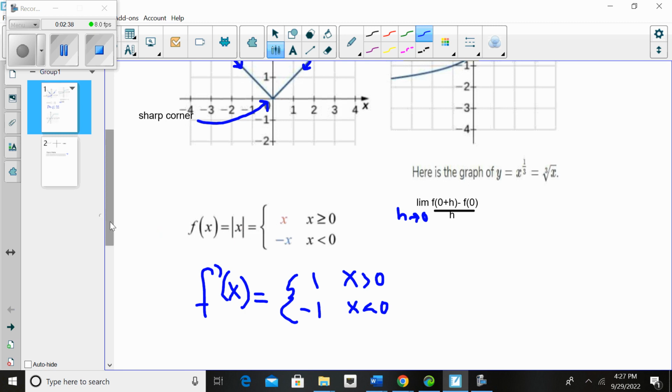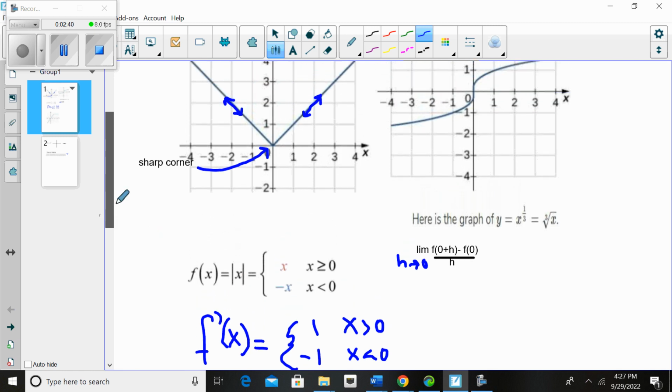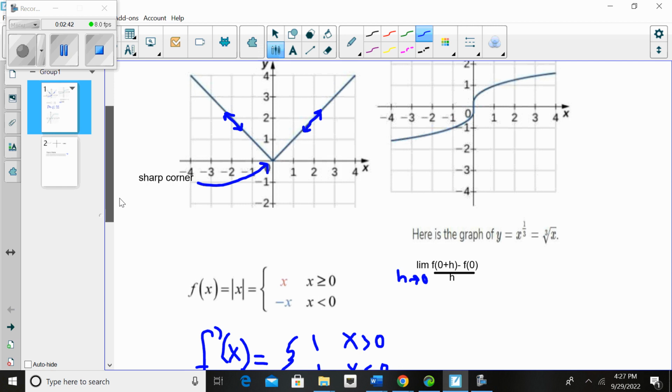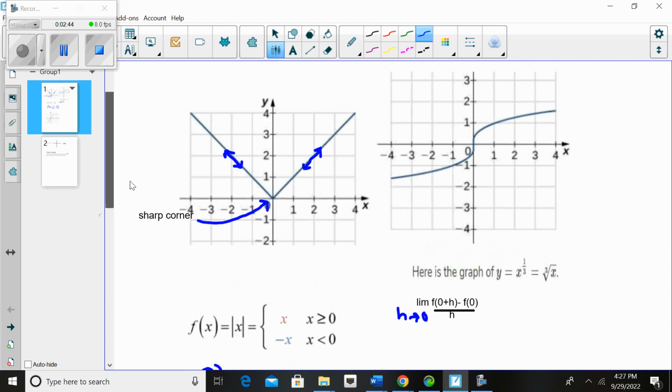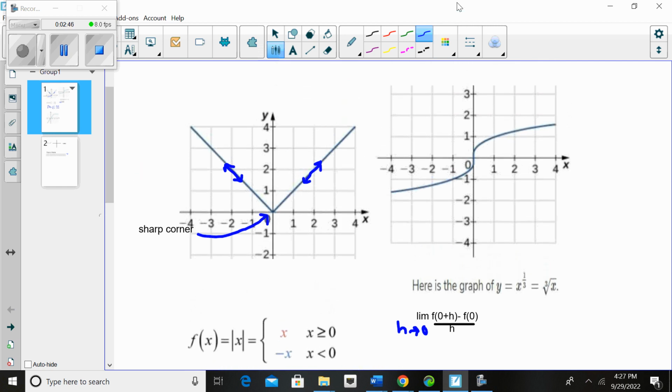Okay, so coming over here, this is the function y equals x to the 1/3, or the cube root of x. The problem that we have in a function like this, although it's continuous, if I go to draw a tangent line to the curve right here at 0, I would have a vertical line as my tangent line.